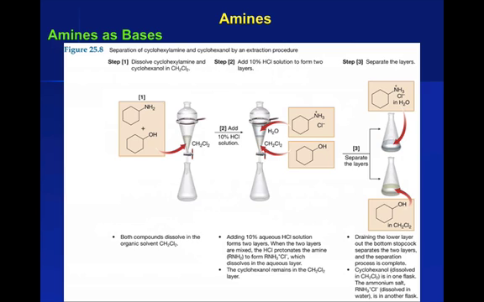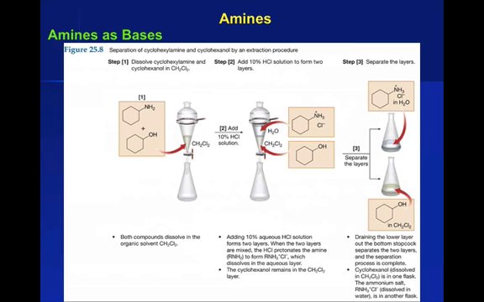Let's suppose you have a sample that contains an amine that you want to isolate from the remaining sample. Maybe that remaining sample is a hydrocarbon, or a hydrocarbon and an alcohol. We can use the basicity of the amine to our advantage.